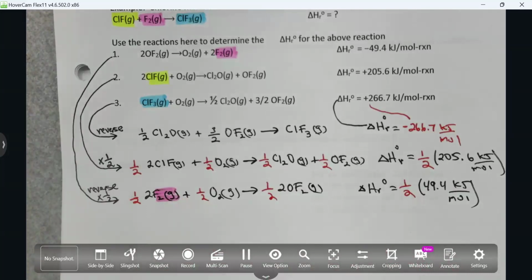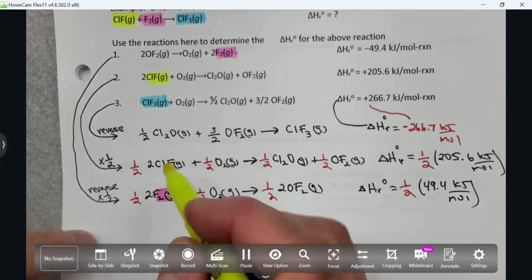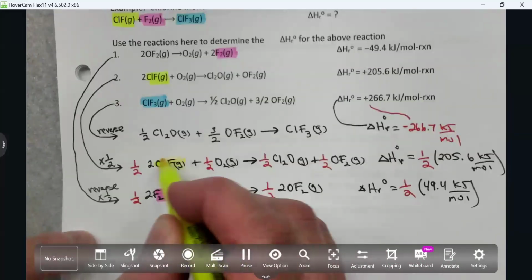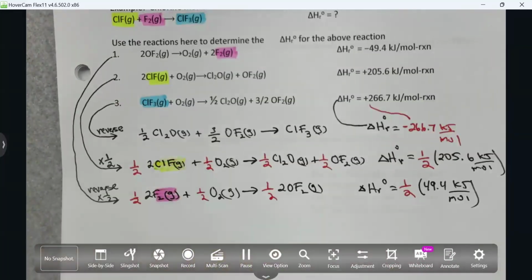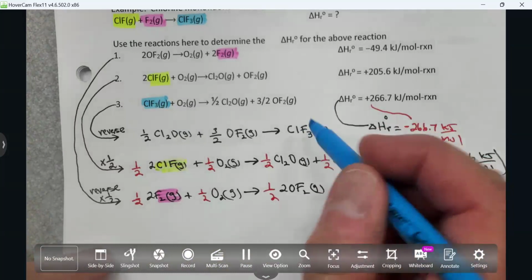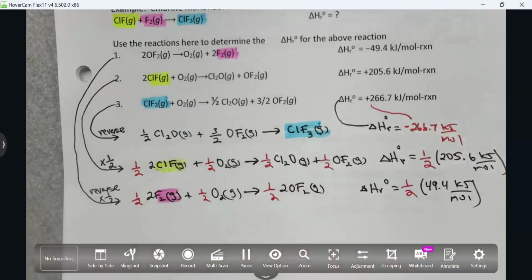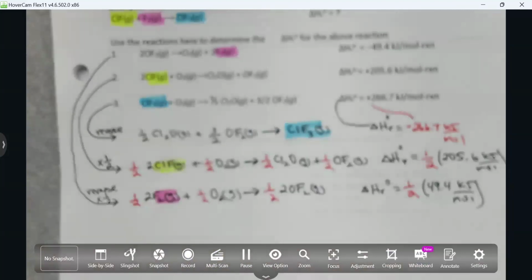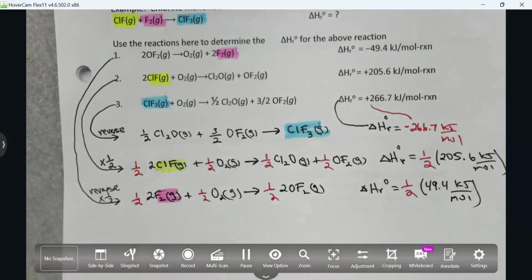No. F2, ClF, and then ClF3. That means anything I didn't highlight has to cancel out. We need the same exact thing on the reactant side as on the product side, so whatever I did not highlight has to cancel out.